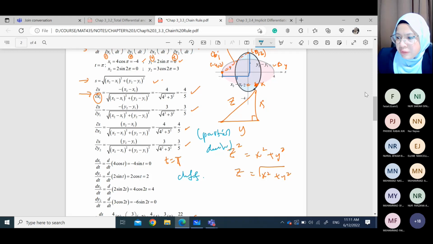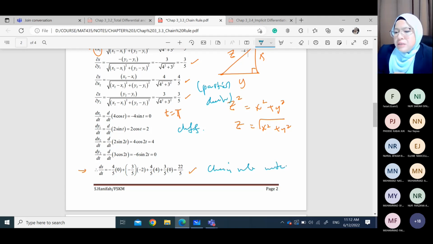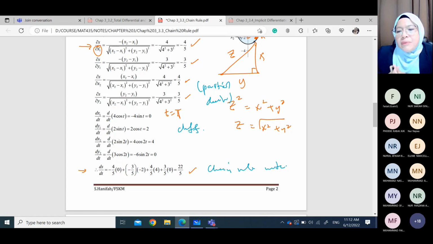And we have another method. So this is a chain rule method. Okay, so kita ada 3. Alright, so again in chain rule we have a 3 step. First you need to apply partial derivative. Second step you need to differentiate. So untuk yang ini tengoklah, kalau your variable depends on one independent variable, we use differentiation biasa.